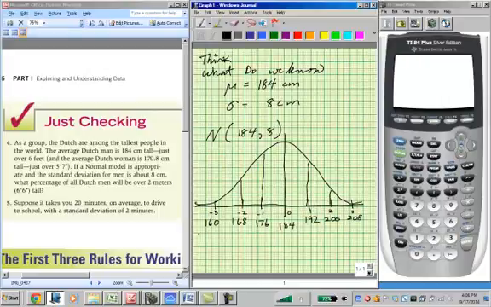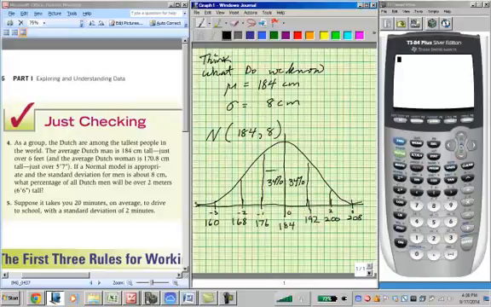What does it mean when we're saying it is a normal distribution? Well, it means that approximately 34% of the Dutch men are between 184 and 192 centimeters, and 34% are between 176 and 184 centimeters, in other words, between -1 and 0 standard deviations from the mean.